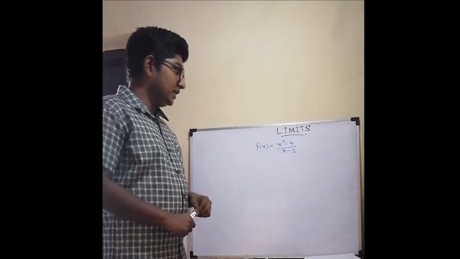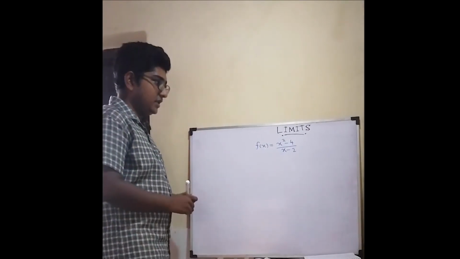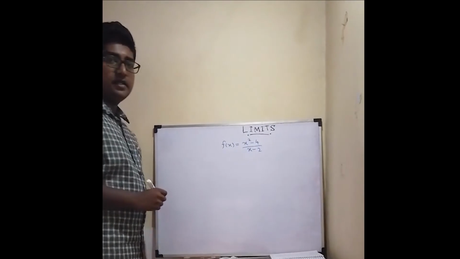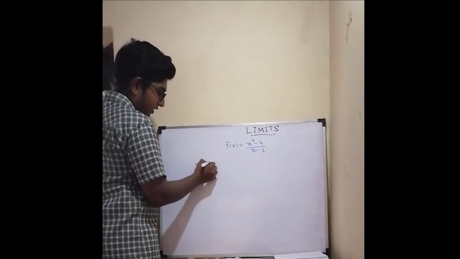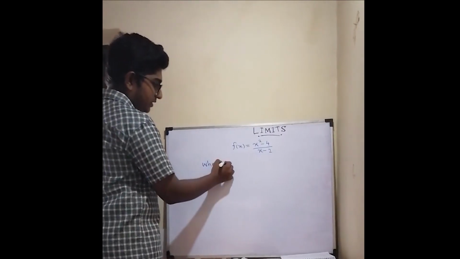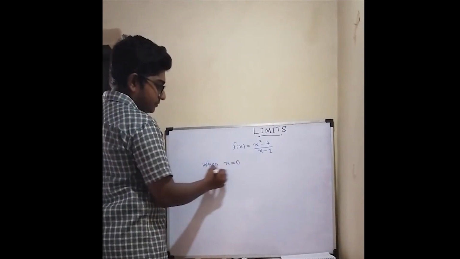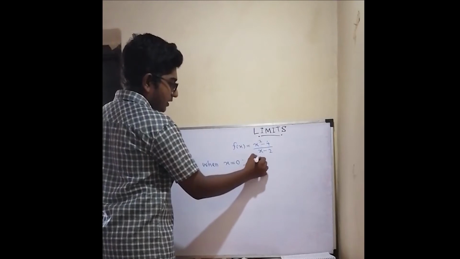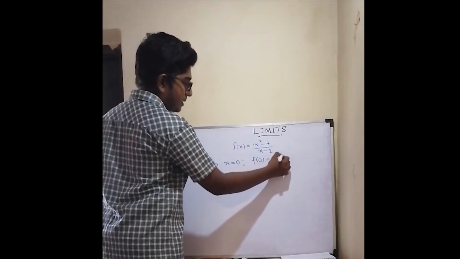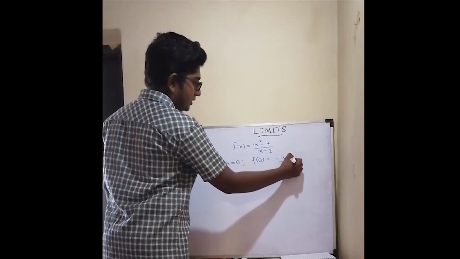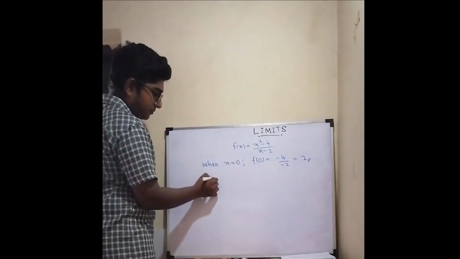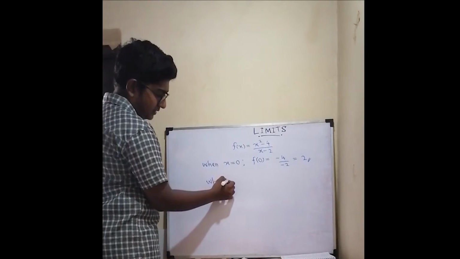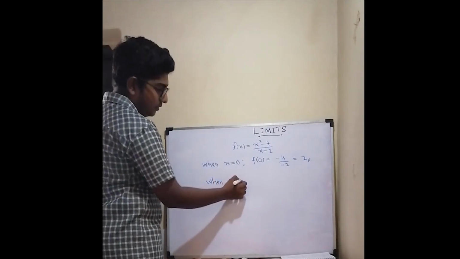Now I have taken a more complex function, x squared minus 4 divided by x minus 2. Let's find an answer for the function when x equals 0. That is, f of 0 becomes minus 4 over minus 2, which is 2. Then let's take an answer when x equals 1.